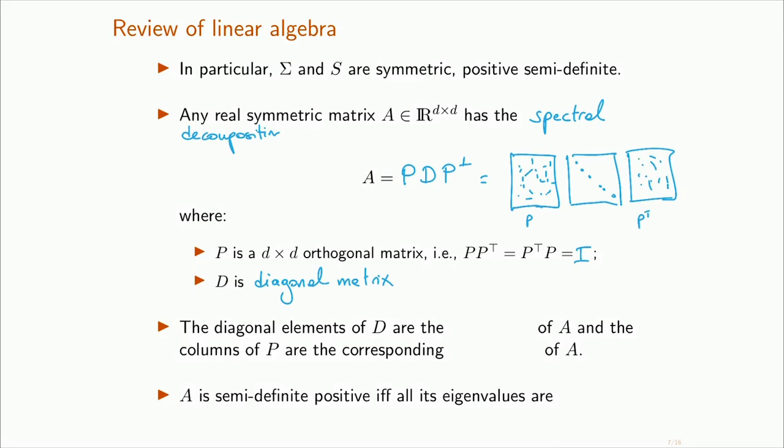Okay? So clearly, you have this diagonal matrix. It's going to have values on the diagonal, and those values do matter a lot. And so the diagonal elements of D are called the eigenvalues of A. And the columns of P are called the corresponding eigenvectors of A.